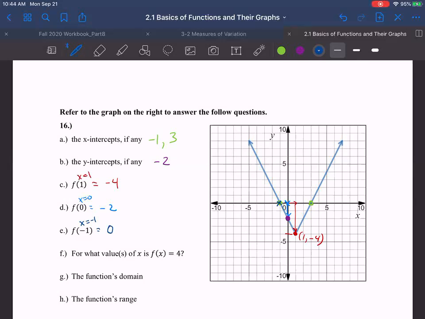The next one asks for what value or values of x is f of x equal to 4? So what we're going to do here is go to where the y value is. So this is the x value, this is the y value, right? This is our output. So we want to know what input values give us an output of 4. All right, so we come up here to y equals 4, that's right up here, and we look side to side. And we see that we are actually going to have 2 x values that will give us y equals 4.